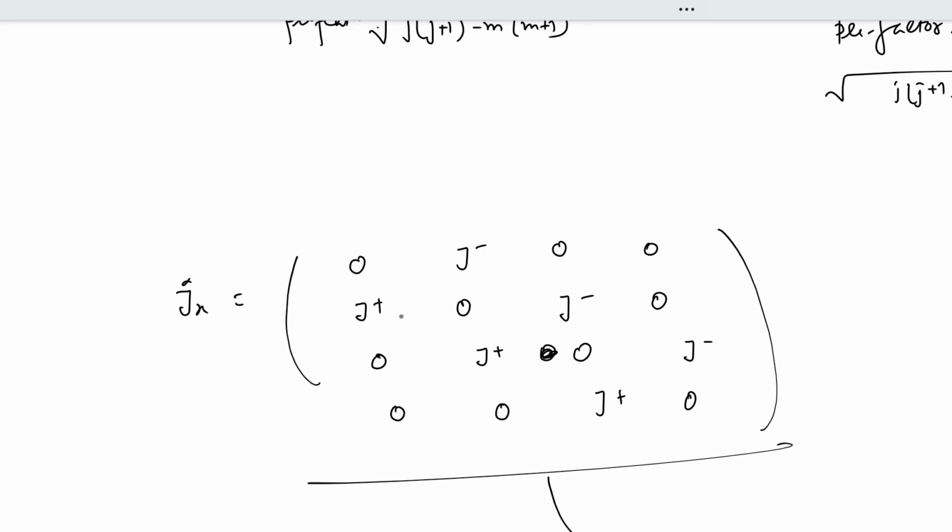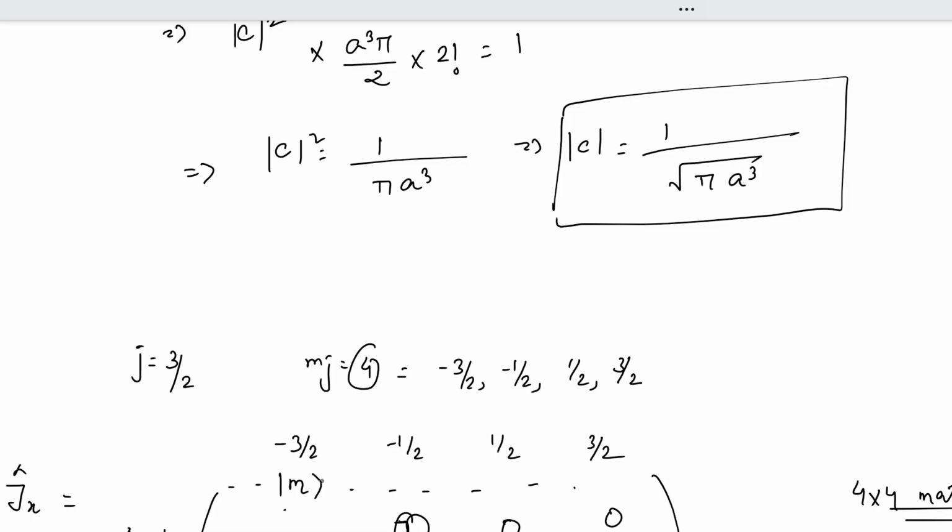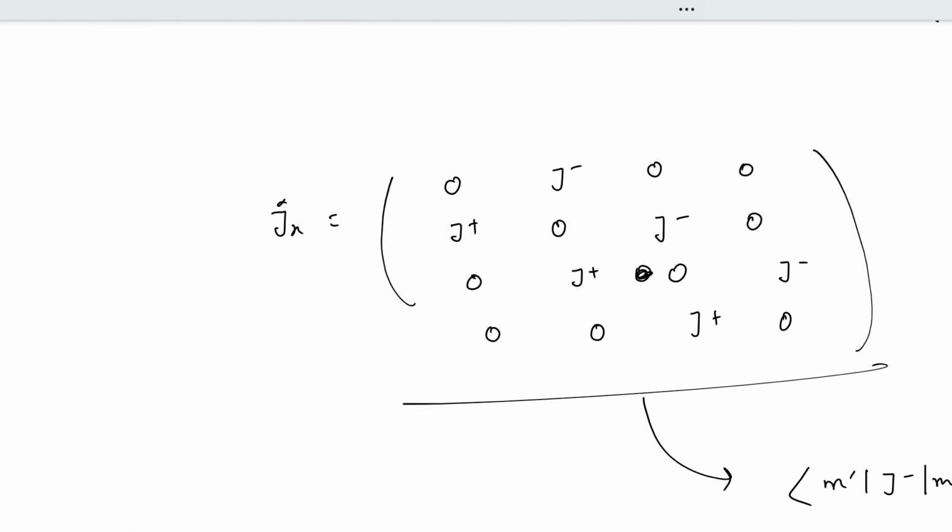Now you have j plus, and here the m factor is m equal to minus 3 by 2, because only the m value is needed in the prefactor.